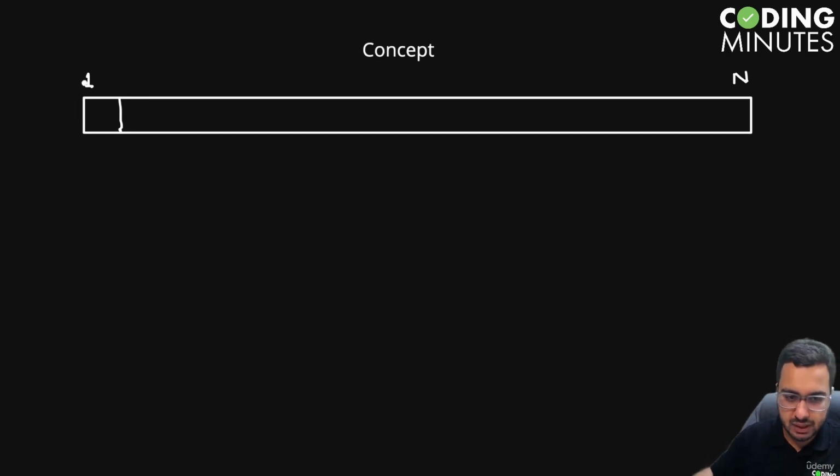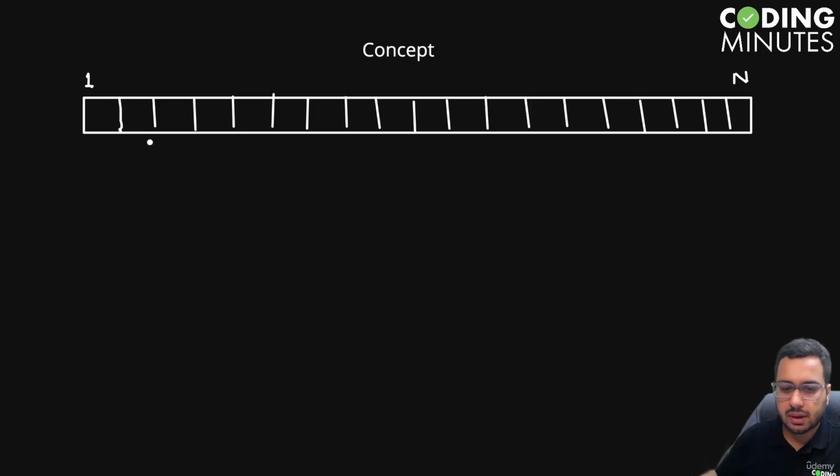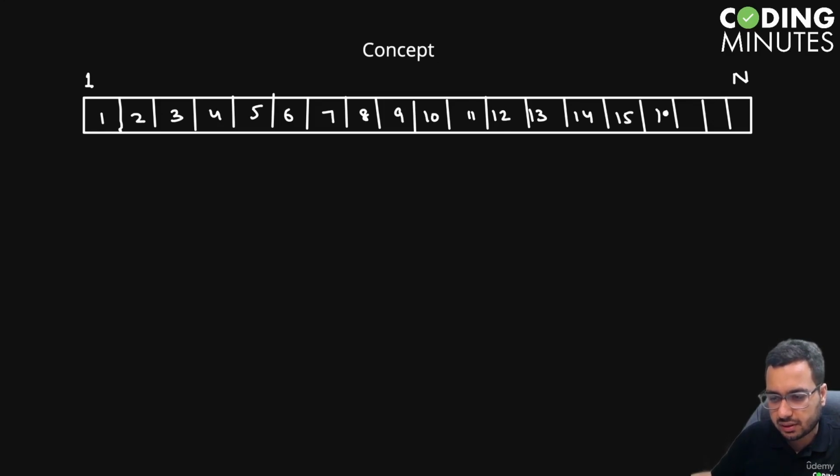Let me create some slots and then put the numbers into this. Let's say we have numbers 1, 2, 3, 4, 5, 6, 7, 8, 9, 10, 11, 12, 13, 14, 15, 16, 17, 18, 19, and one more, 20.